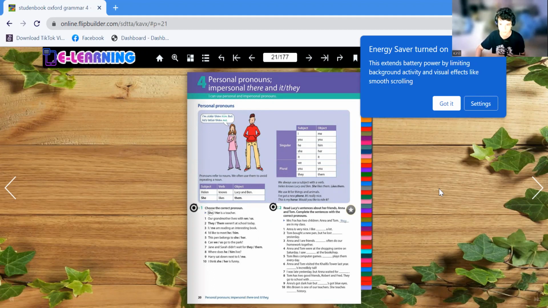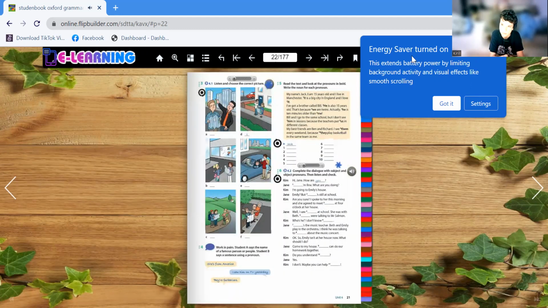So you will use an objective pronoun after a verb, and using an objective pronoun means that the person is a receiver of action. That's why the verb is before the pronoun, right? And the subjective pronoun, you know how to use it. It is for the subject of a sentence.